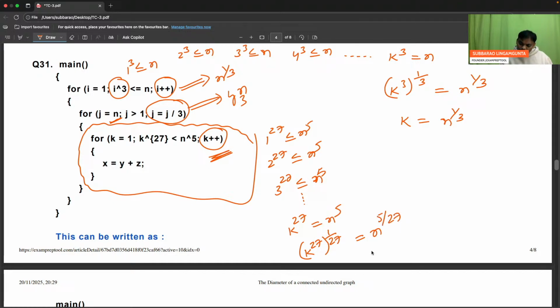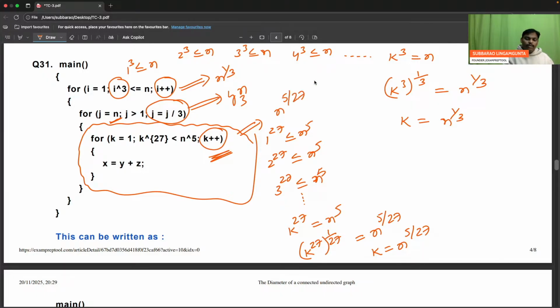So finally k becomes n power 5 by 27. So the k loop is n power 5 by 27. Let me write n power 5 by 27.